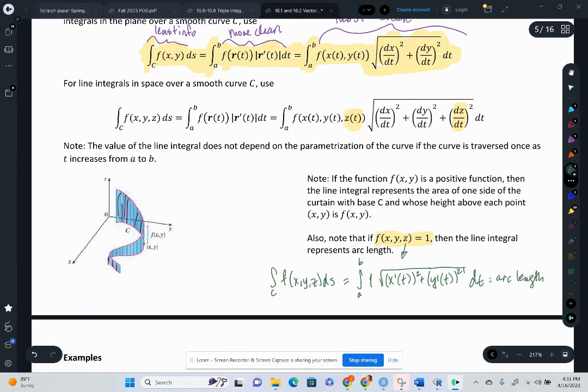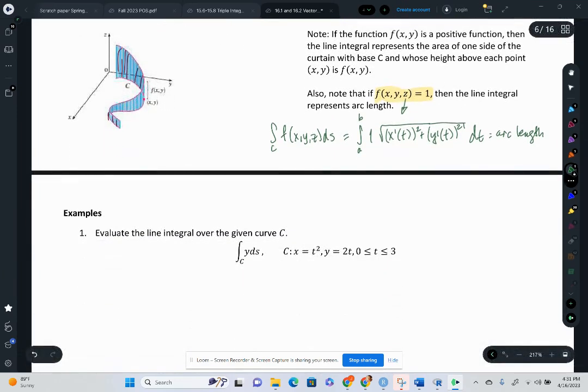That's only in the case where f is equal to 1. We've seen that before with a double integral: if the integrand is just 1, then a double integral calculates area. And with a triple integral, if the integrand is just 1, then we're calculating volume. We always want to tie together how these things are related. So arc length and line integrals are extremely related because arc length is the differential of a line integral.